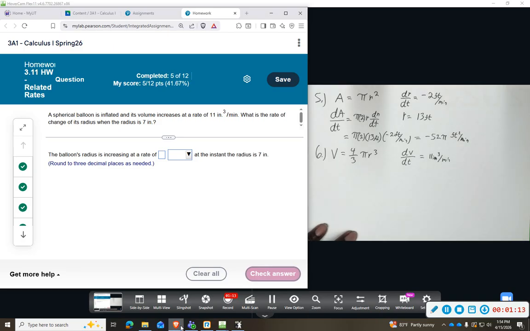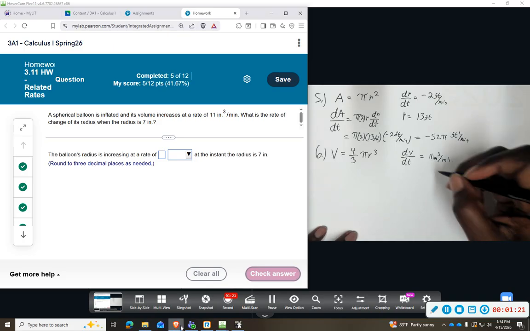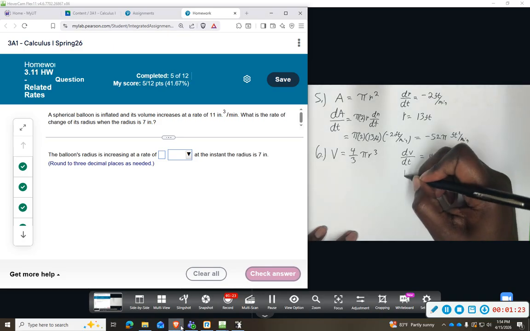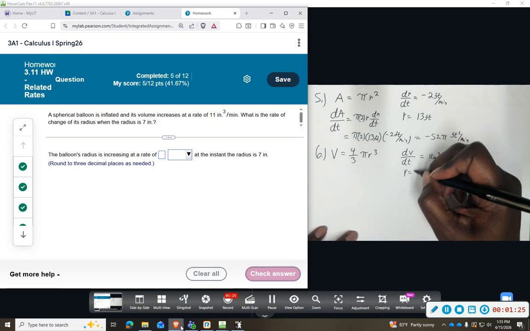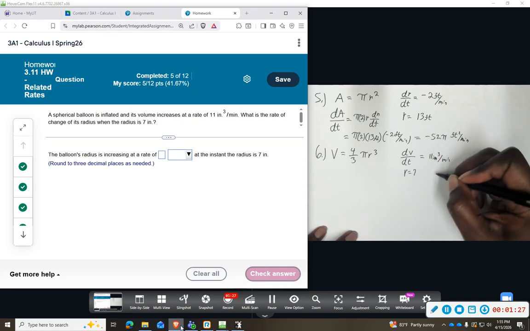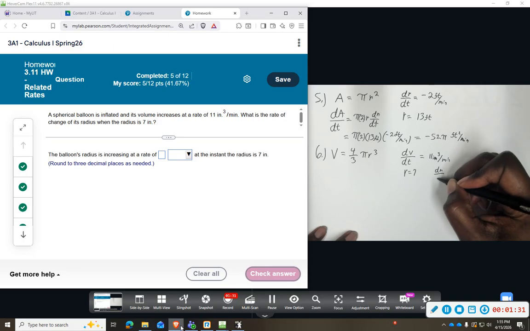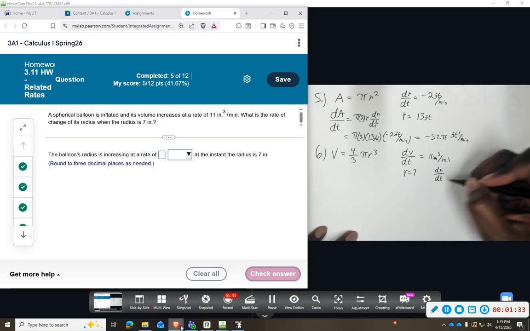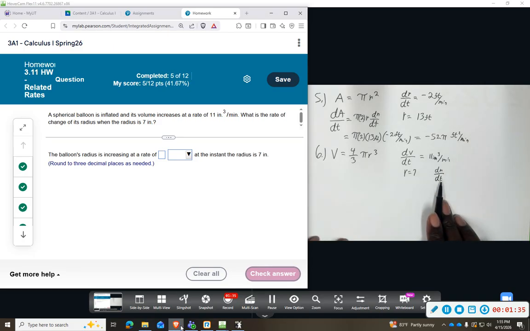And we want to know the rate of change of its radius when the radius is 7. So we're given r is equal to 7, and we are looking for the rate of change of the radius. We're looking for dr/dt.